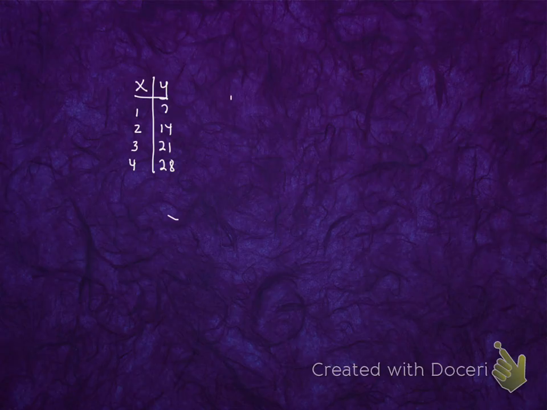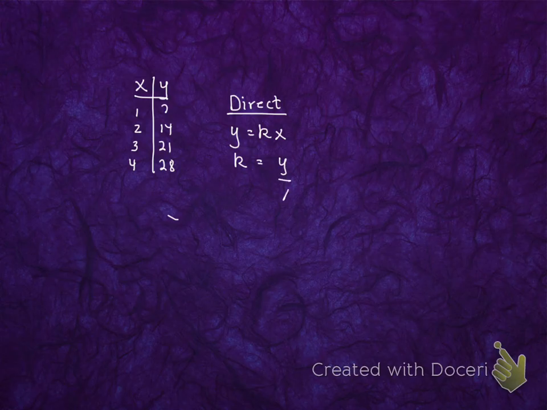All right, so we need to find the k value. If this is a direct variation, y equals k times x, and k is equal to y over x. So let us first determine, using that first set of coordinates, what our k value is, okay?